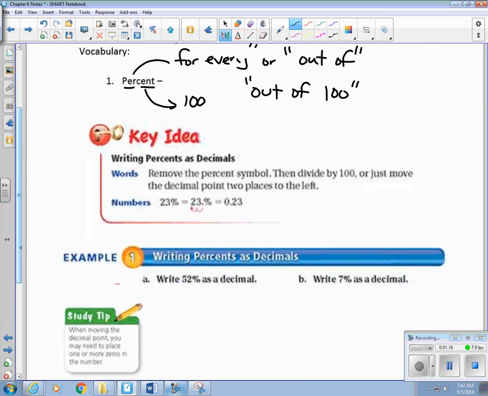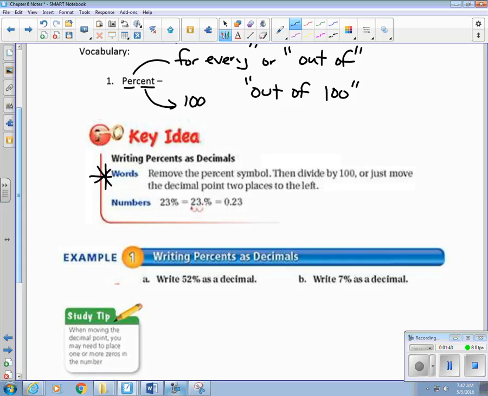Our key idea for this lesson, writing percents as decimals: remove the percent symbol, then divide by 100, or just move the decimal point 2 places to the left. So when we're rewriting a percent as a decimal, we're going to remove the percent symbol, take it away, and then we're just going to move the decimal point 2 places to the left.